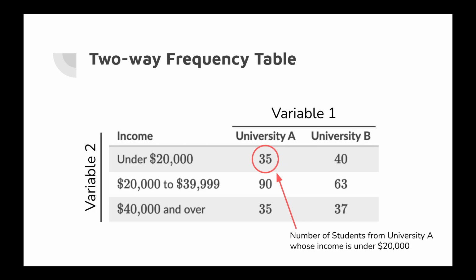For instance, the number 35 here represents the number of students from University A whose income is under $20,000. Likewise, the number 40 right next to 35 represents the number of students from University B whose income is under $20,000.